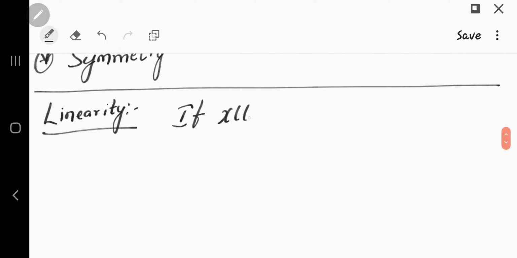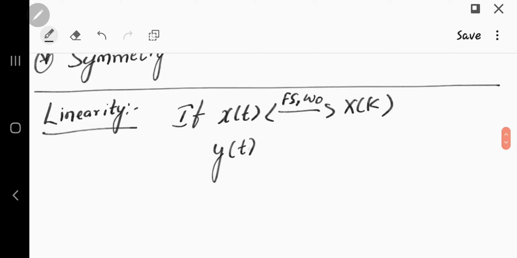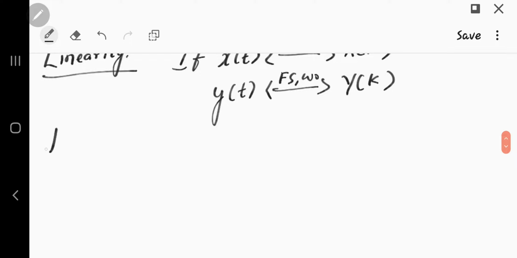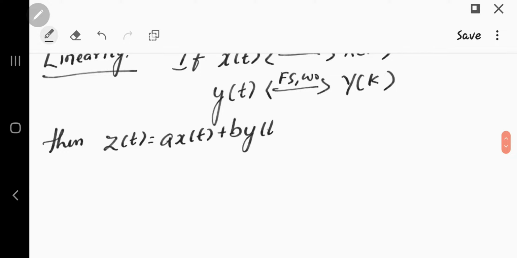If x of t, this is just to represent that we are performing Fourier series, if x of t gives x of k and y of t gives y of k after transformation, then z of t is equal to a x of t plus b y of t.